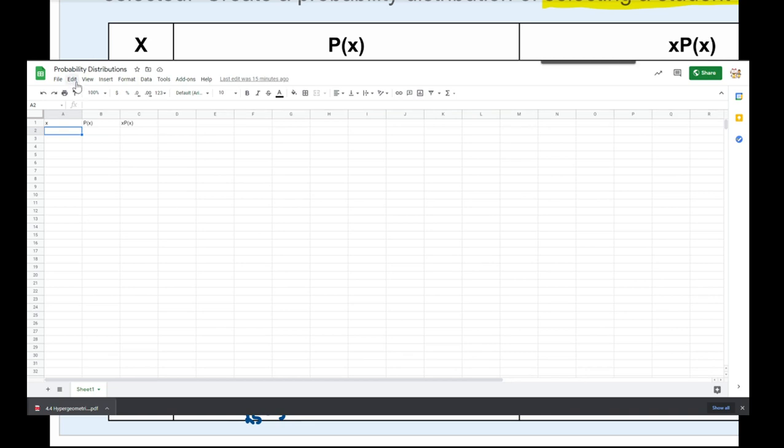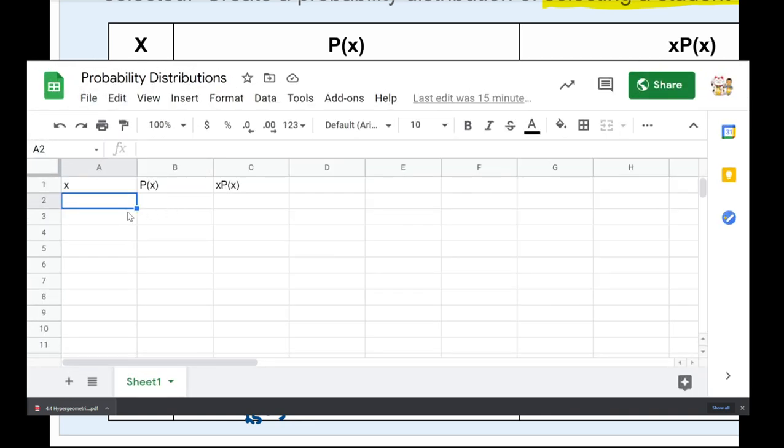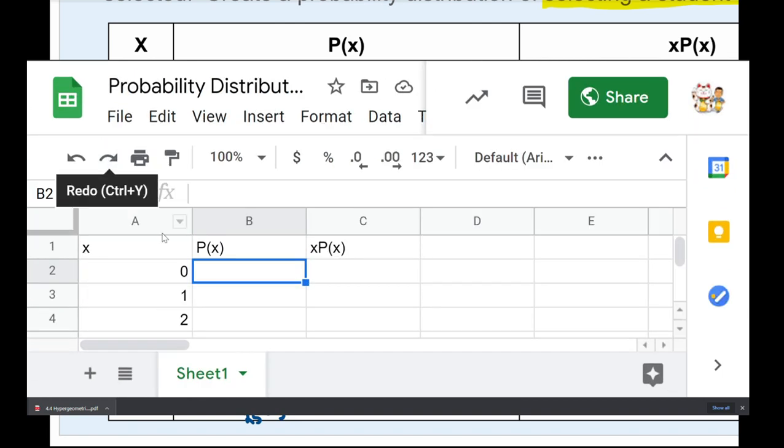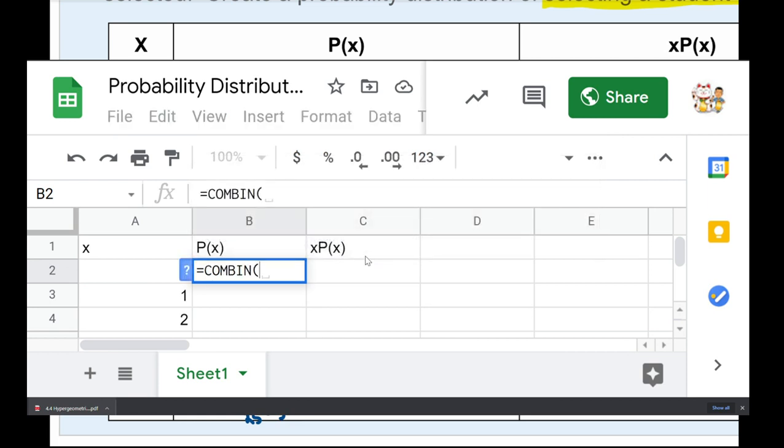So going back to Google Sheets, let me zoom in here. We have our table started with our columns. X, we're dealing with 0, 1, 2, 3, 4, 5. And now we're going to enter in our formula. So let's zoom in a bit more so we can see it clearly. We're going to start off by hitting equals. We have a combination first, which is going to be 15 choose X, which is going to be 0 in this case.